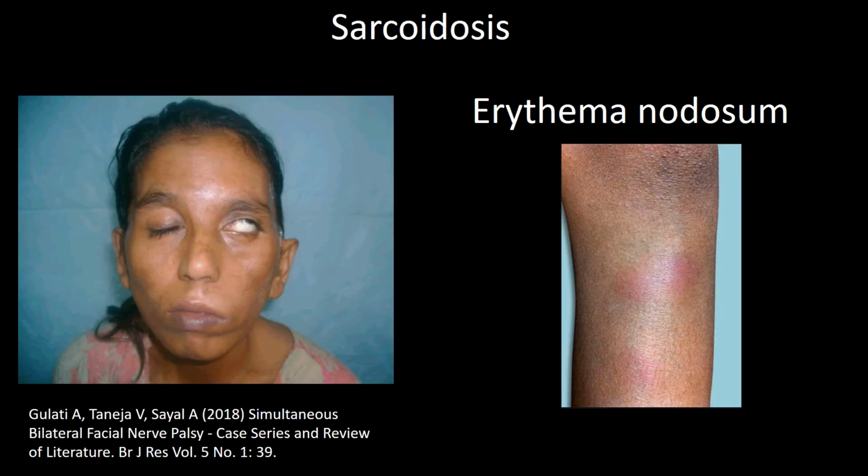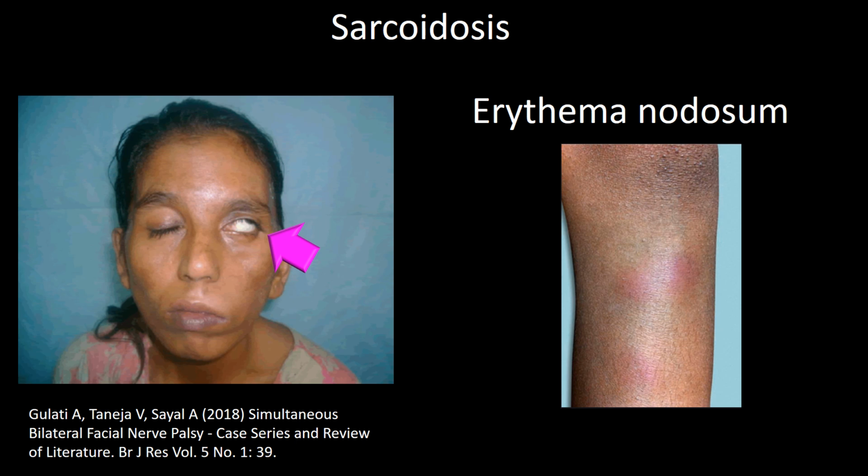2. Another condition associated with facial palsy is sarcoidosis. Notice that the weakness of the left half of the face is associated with inability to close the left eye, resulting in Bell's phenomenon. Bell's phenomenon is a physiologic event. Most normal people, upon closing their eyes, have the eyes go up and out.